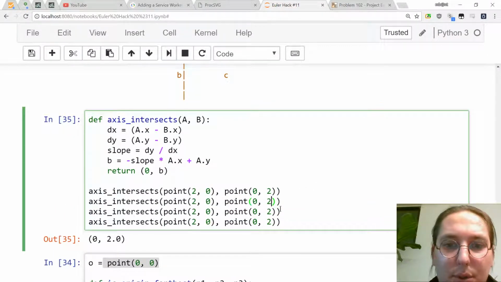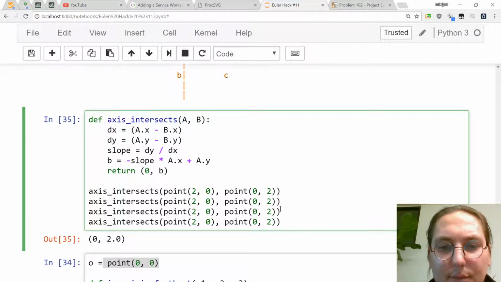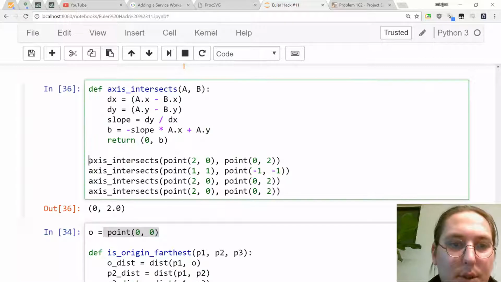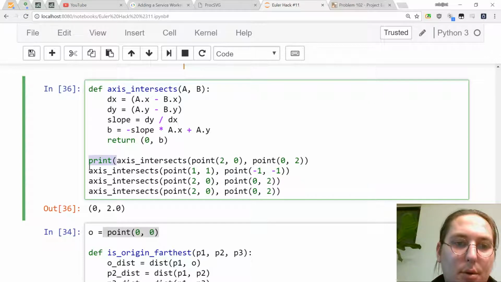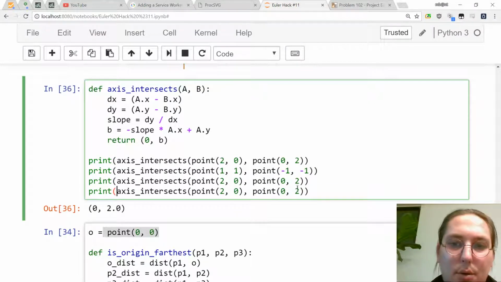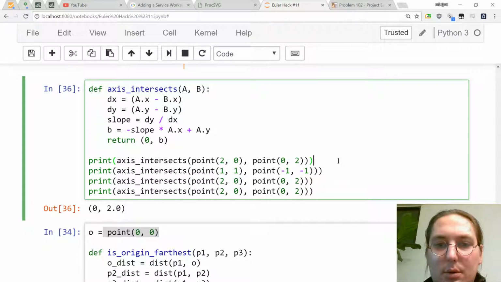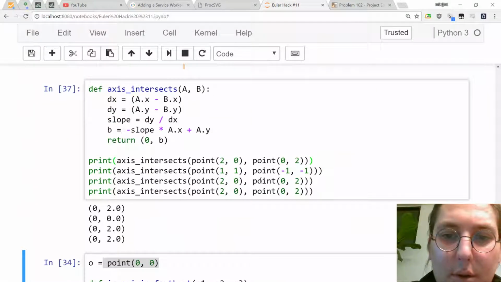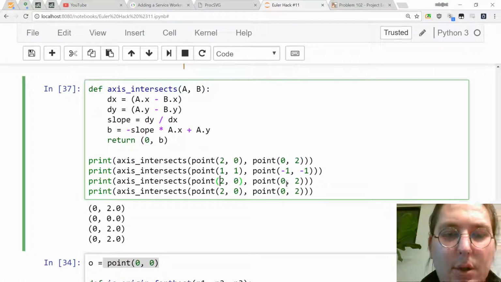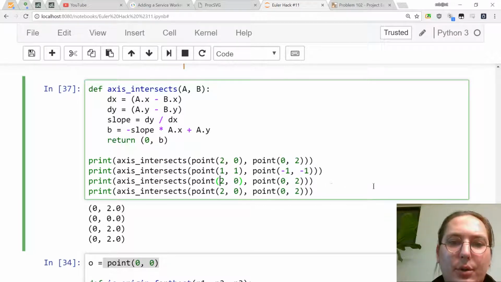Let's think of some other points. So if we go to 1, 1, 1, minus 1, minus 1. Yes, that's simple. Let's print them all. So 0, 0, that's appropriate. I don't know how much further we want to go.